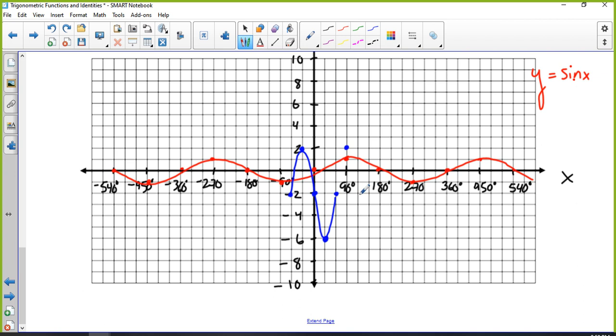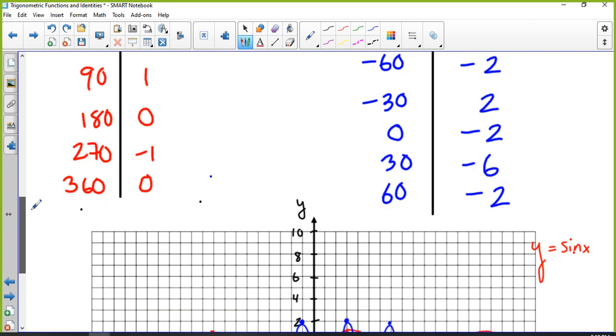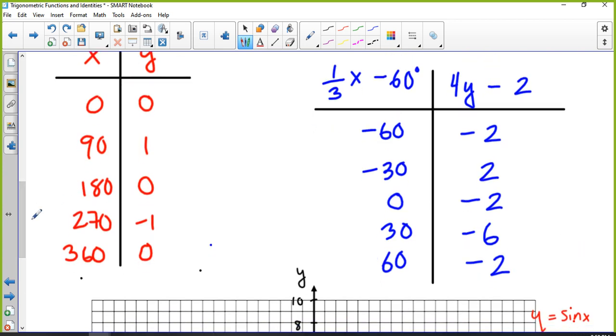My next point would be here. Next one down there. Next one down here. And here's 2 cycles. And then I can keep going, right? 3 cycles would be right there. Okay, etc. What's important is that you show the 5 key points. You can show it in your graph, labeled properly, and also in a table of values.